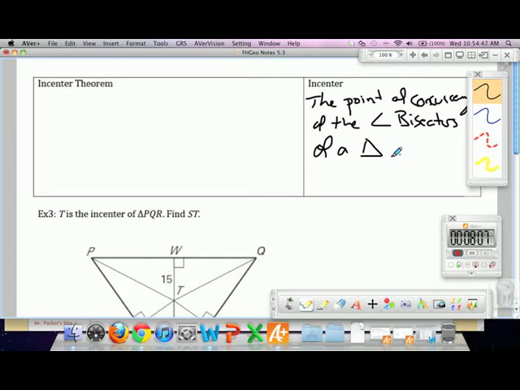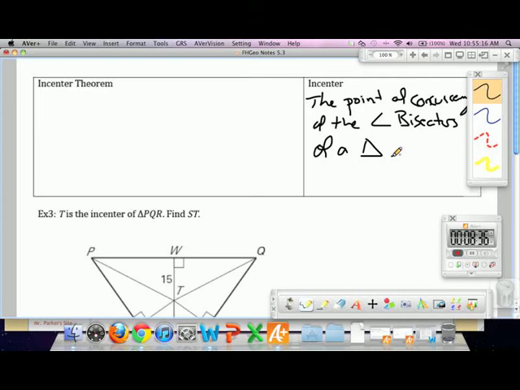So let's take this as kind of the next step. If this incenter is on the three angle bisectors, then what do we know about the distance, say, from this point that's on the angle bisector to each of the sides of the triangle? It's equidistant. This point, since it's on this angle bisector, is the same distance from this side as to this one. It's on this angle bisector, so it's the same distance from this side as to this one.